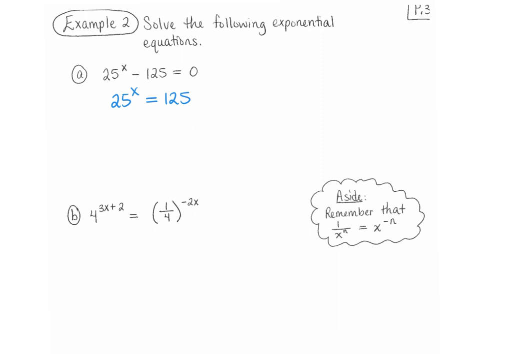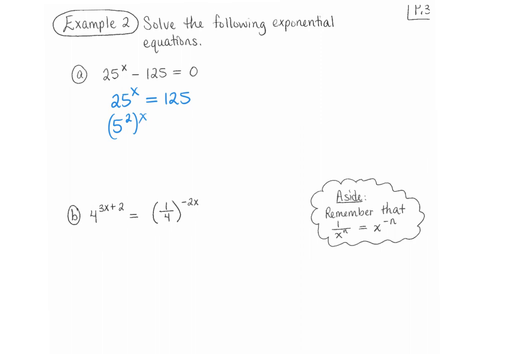Something with the 5. Why? Because they have it in common? Yes. So we can do that, right? Because 25 and 125 have 5 in common. So let's rewrite these two with a base of 5. 25 is 5 raised to the what? Second. Good. So that's 5 squared to the x, right?